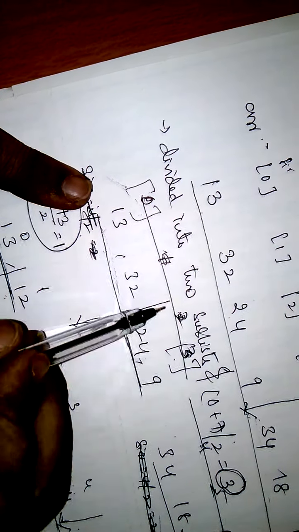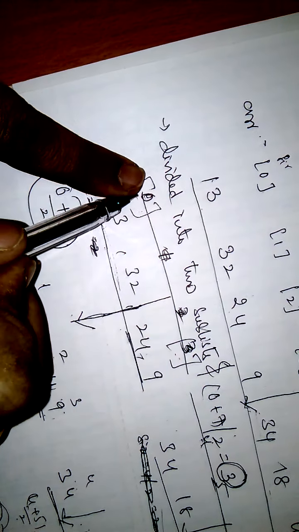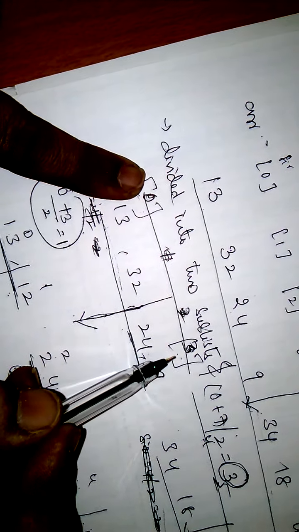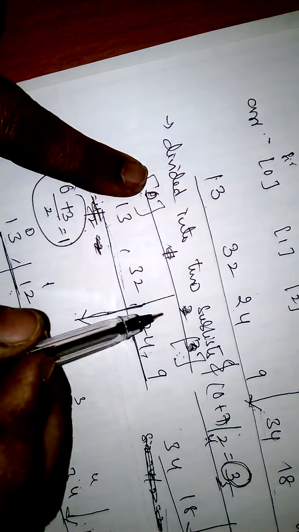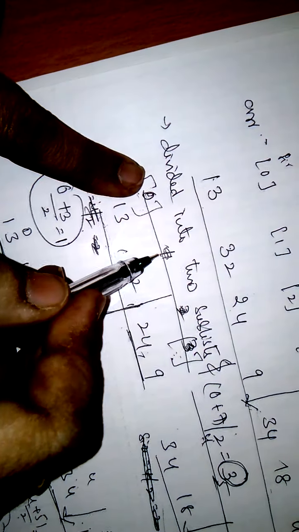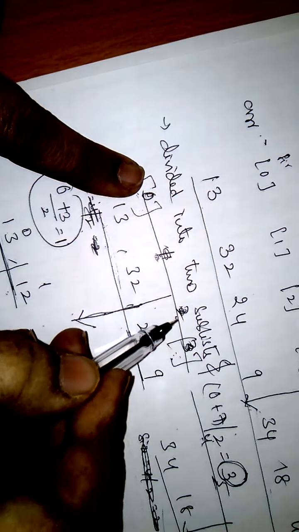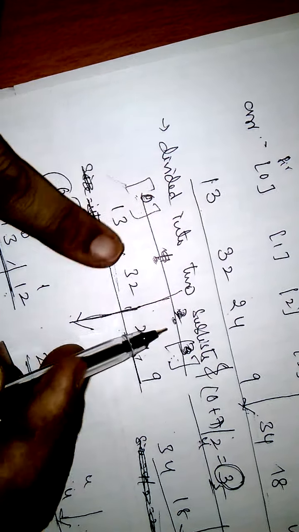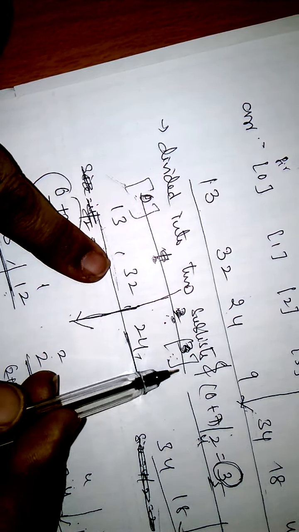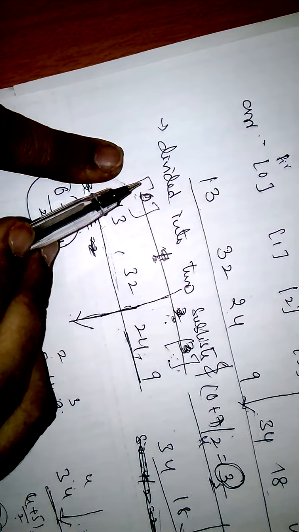If you see this sublist, it contains 4 elements, 0 to 3. This is first, this is end. Now what is the mid here? 1. This is the mid. Mid plus 1 means this. So the second sublist goes from mid plus 1 to end, and the first list from 0 to mid. That is why we need the variables.